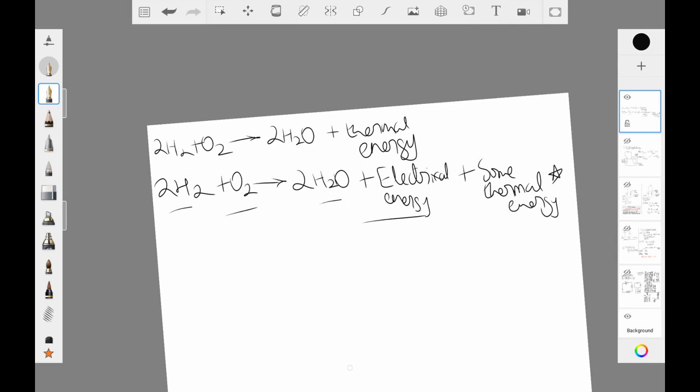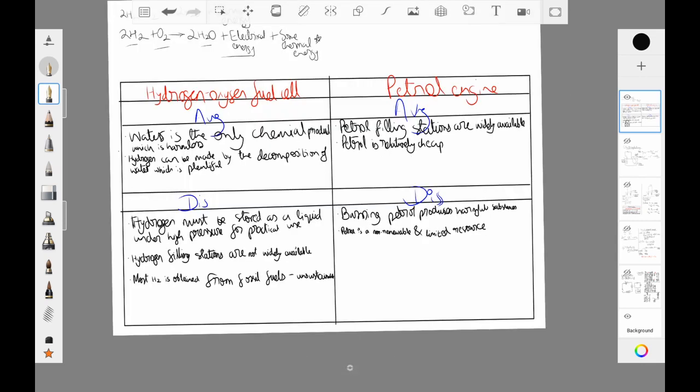You also need to be able to discuss the advantages and disadvantages of petrol engines. So I'll just be showing a table from a textbook, and it pretty much summarizes the advantages and disadvantages. Right. So in this table, I've summarized the advantages and disadvantages of the two kinds of engines respectively.